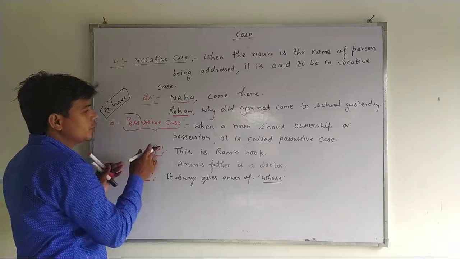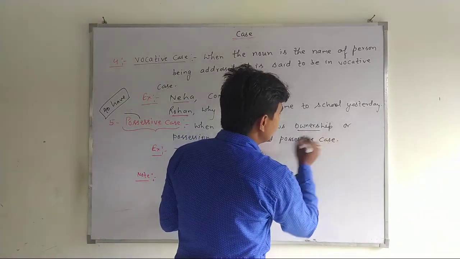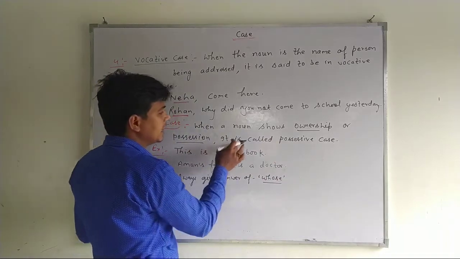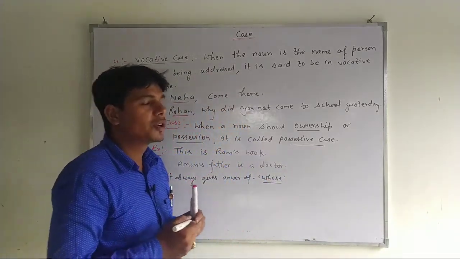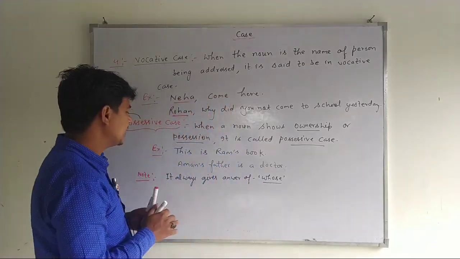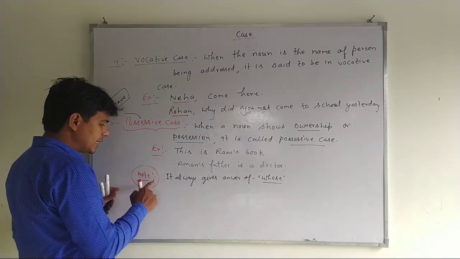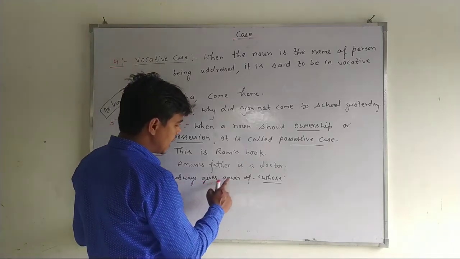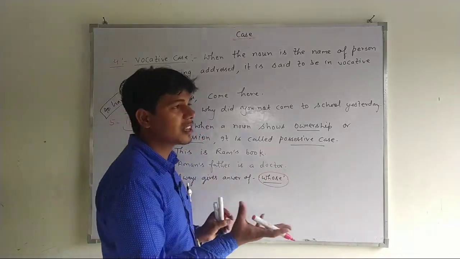So we can say that when a noun shows ownership or possession, it is called possessive case. Is it clear? And one more thing about the possessive case. Possessive case always gives the answer of whose.